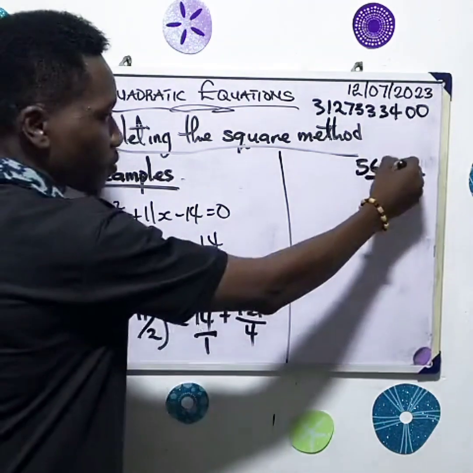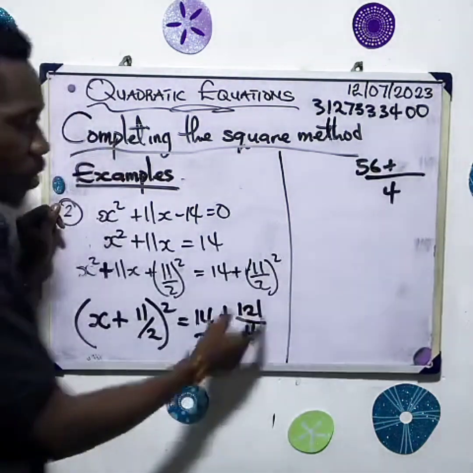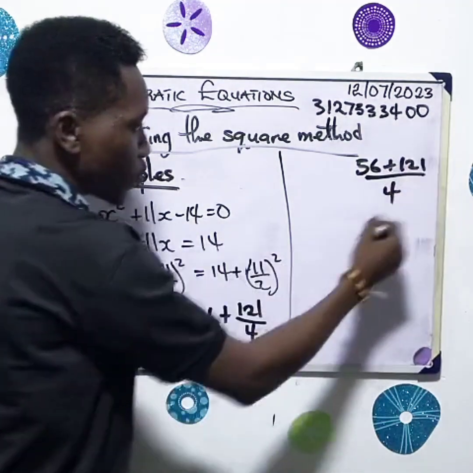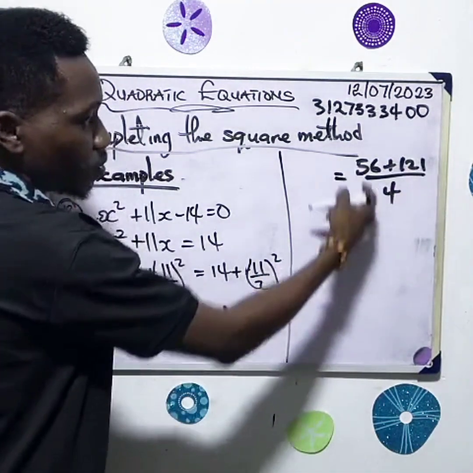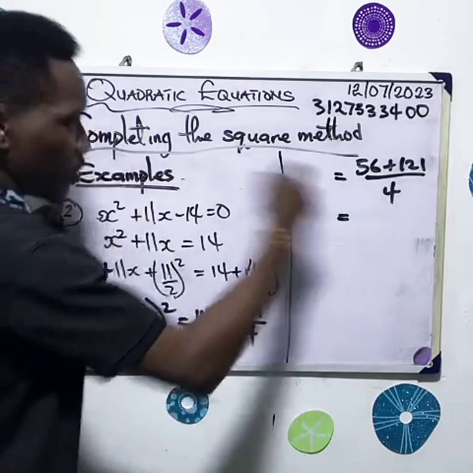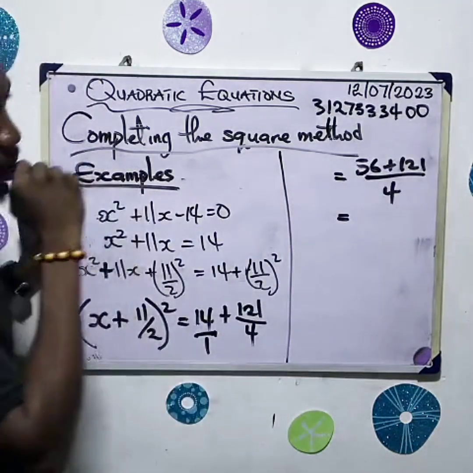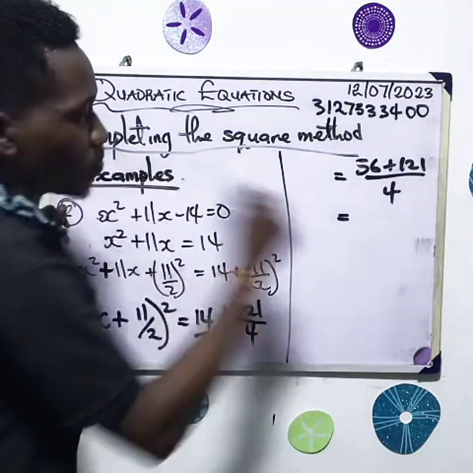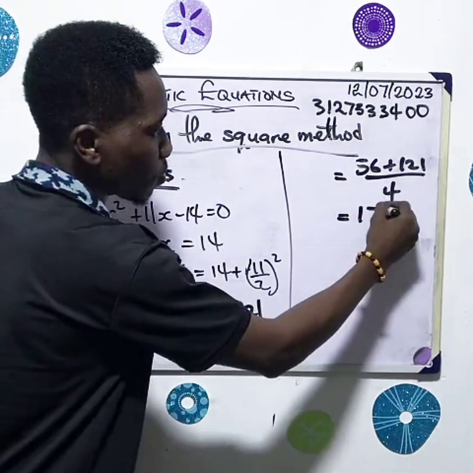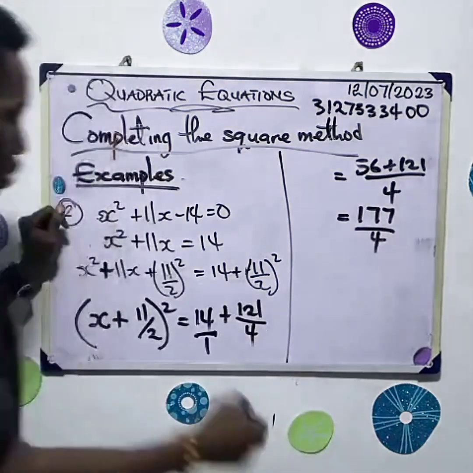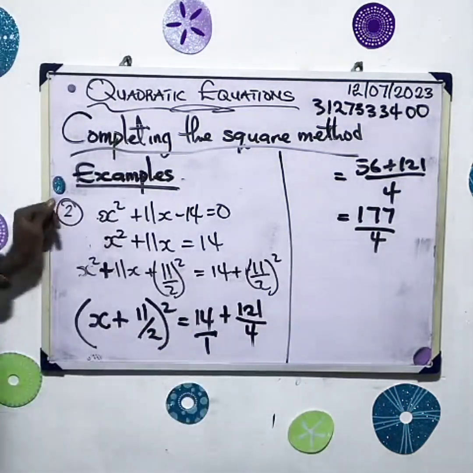Then plus 4 divided by 4 is 1, 1 times 121. So that will be equal to 56 plus 121, 177 over 4. So that's what this is giving us, 177 over 4.